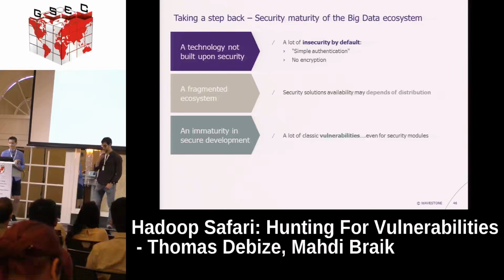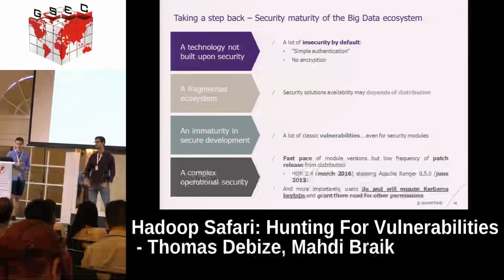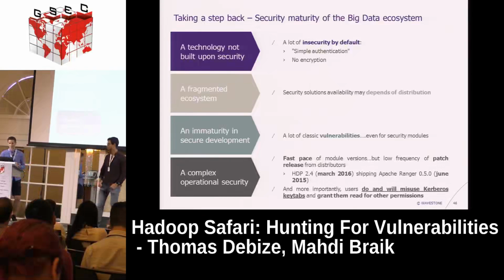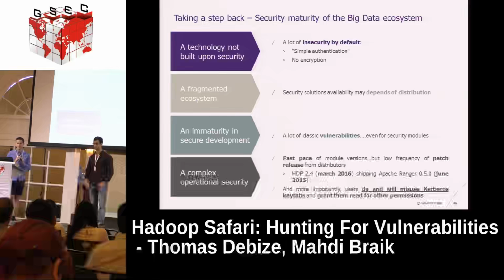There's a lot of immaturity in secure development, as you can see, even in security modules. Apache Ranger still has some security vulnerabilities, some dumb security vulnerabilities. And a complex operational security because of the version shipped with distribution. And more importantly, because users do and will misuse Kerberos keytabs. So if you understood our presentation, at the beginning, you don't have Kerberos.